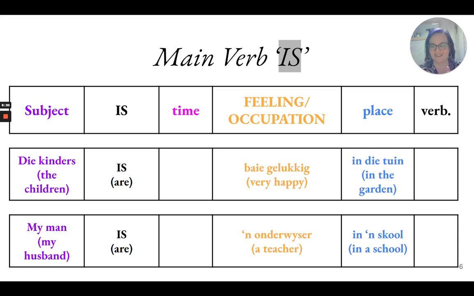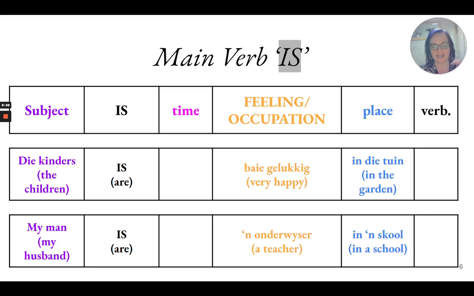So let me give you some examples. "Die kinders", the children, "is baie gelukkig", very happy, "in die tuin", in the garden. The children are very happy in the garden. "Is" is linked to a feeling, very happy, your abstract noun. Insert love, insert all the connections to feelings that you have there. And then the next sentence: "My man", my husband, strange translation there, but that's what it is.